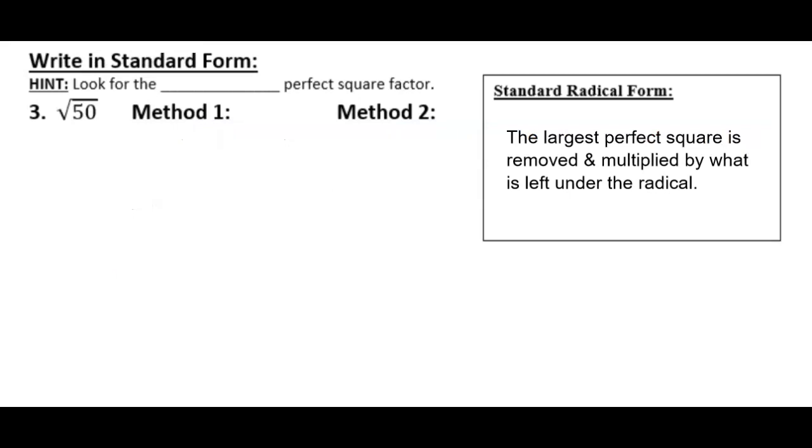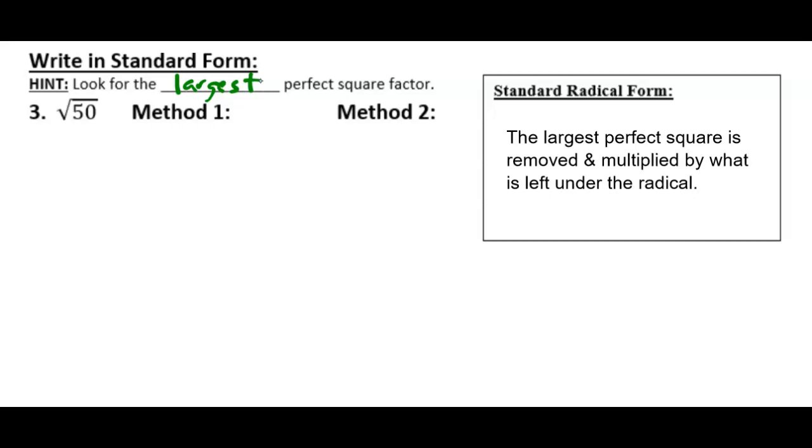Let's talk about this, standard form. So I want to write all of my radicals in standard form. You want to look at your number, and you want to look for the largest perfect square. I'm going to show you how to do this in two methods, but one of the fastest ways to do it is to look for the largest perfect square and take that out.